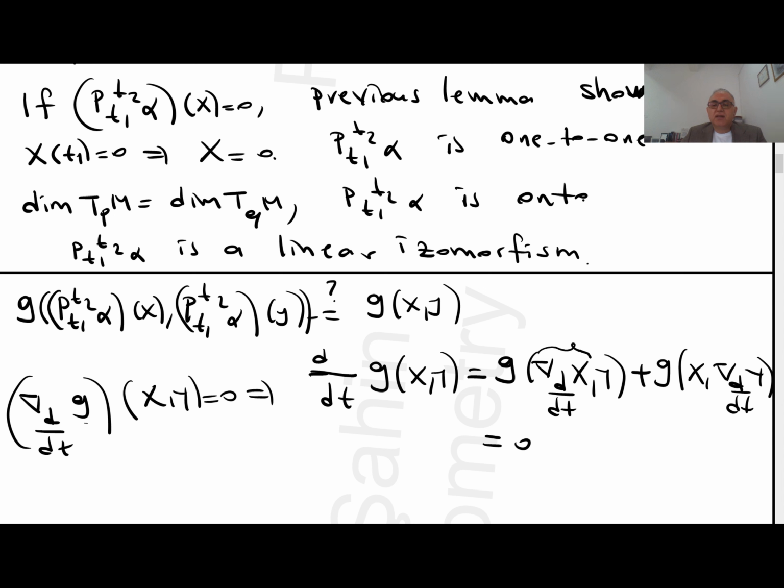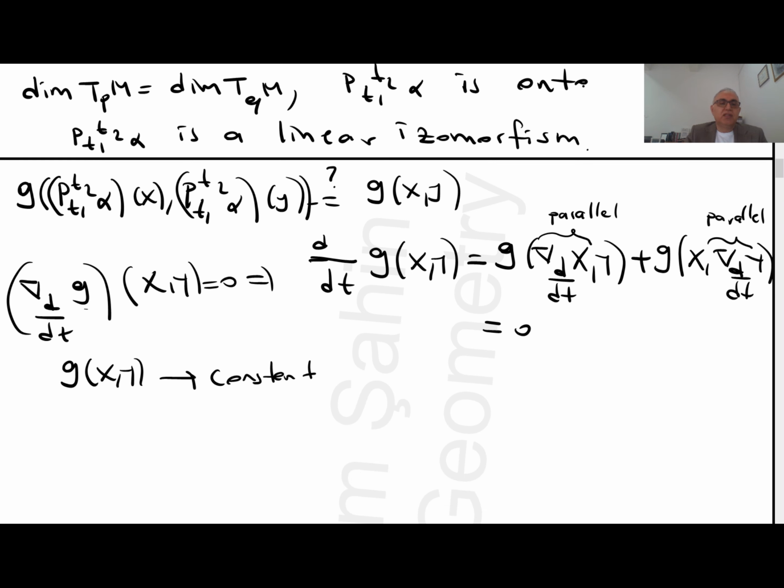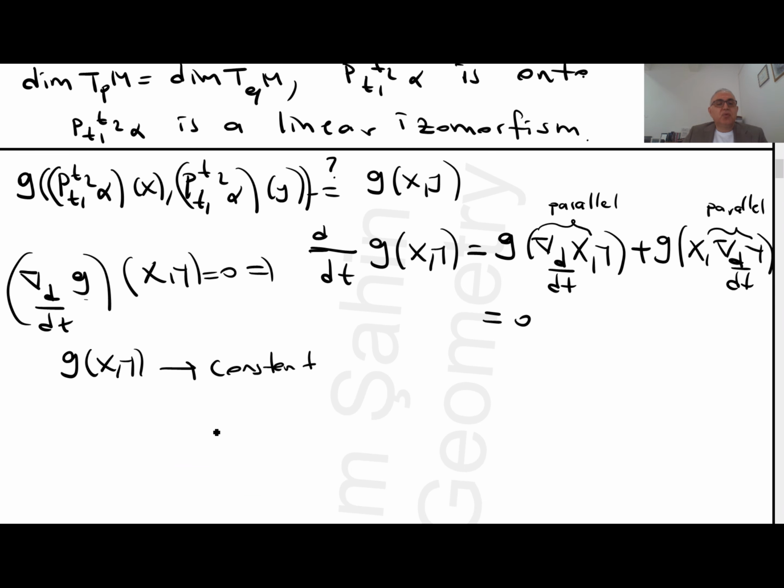Because this one is parallel and this one is parallel. So this shows that g(x, y) is constant. Because it's constant, it means it will take the same value for every input. So I can write this one.